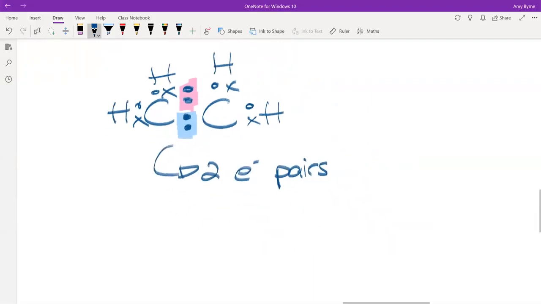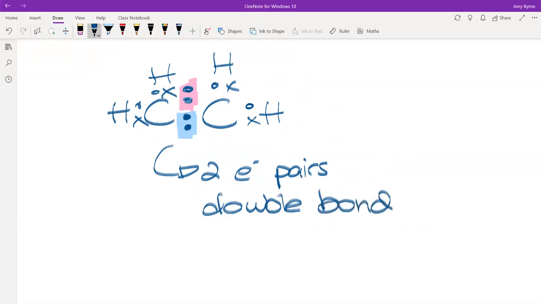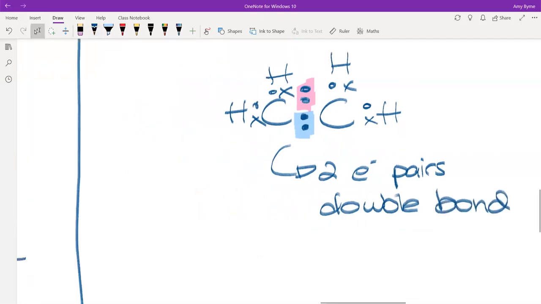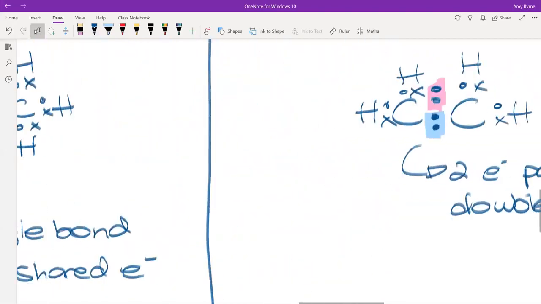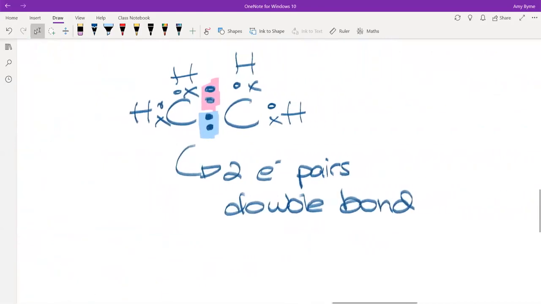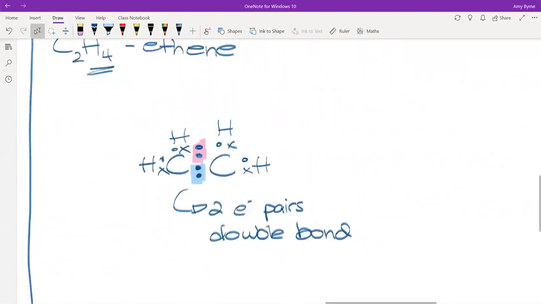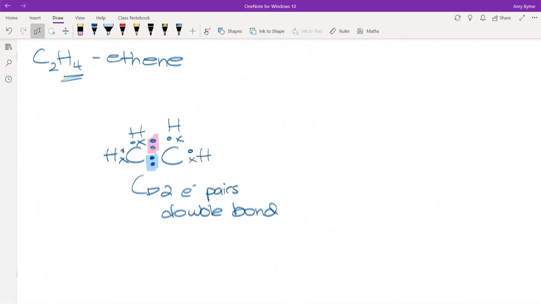So this is called a double bond. So I can have 1 pair of electrons being shared, which is a single bond. I can have 2 pairs of electrons that are being shared, which is a double bond.